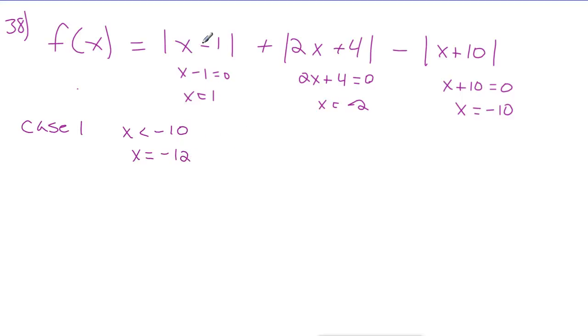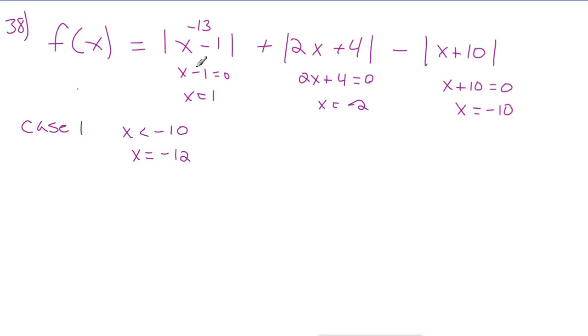So now I'm going to go back to my first absolute value here. When x equals negative 12, if I put negative 12 in here, this would give me negative 13 inside. But I want that to be a positive 13.